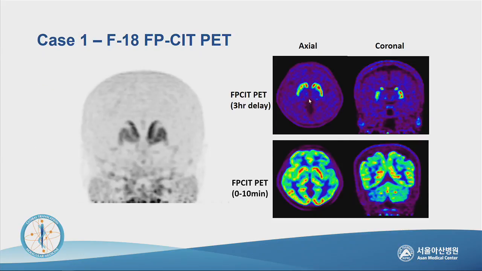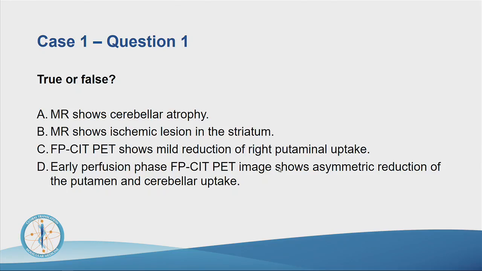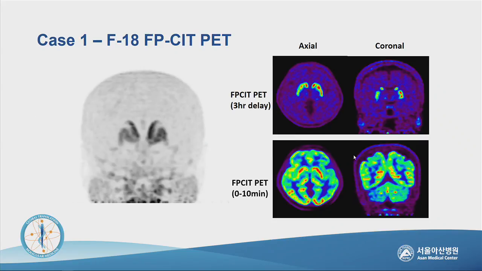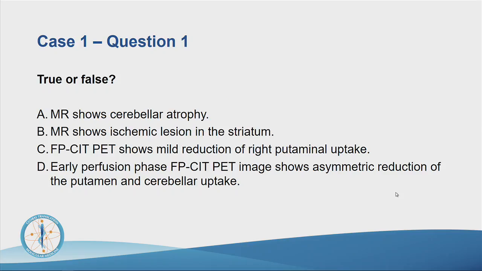You can see it here and here on the coronal image. And D, early perfusion phase FP-CIT PET images show asymmetric reduction of the putamen and cerebellar uptake. Yes. In the early perfusion image, the right posterior putamen shows decreased uptake, and the cerebellum also shows asymmetric decreased uptake.